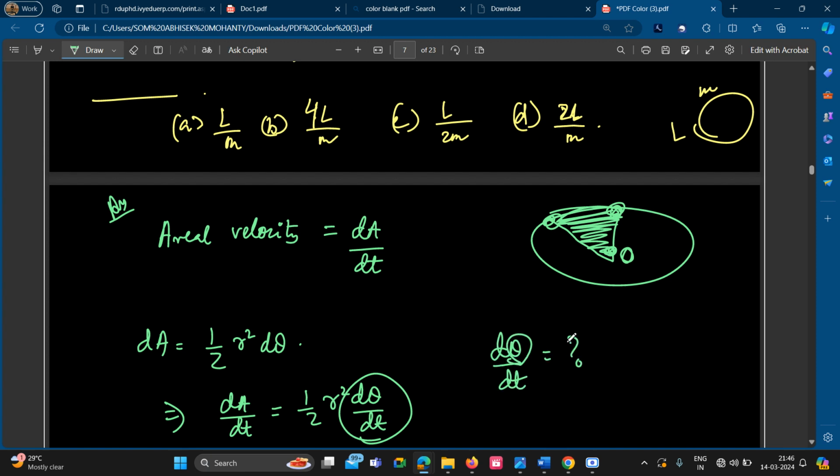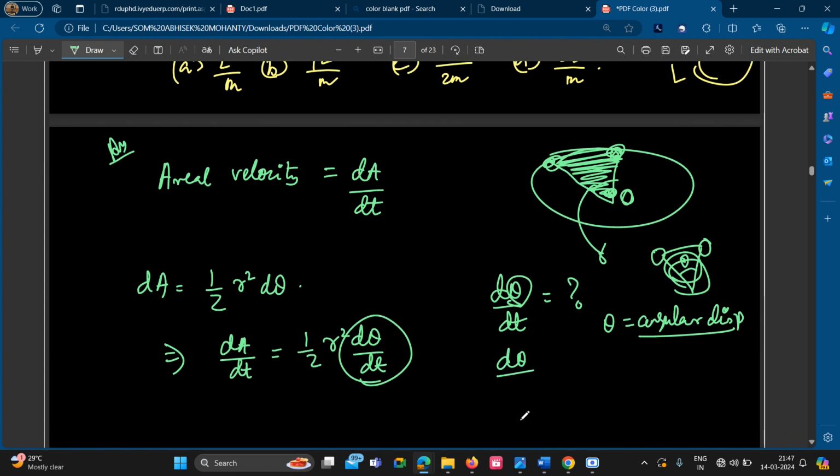Theta is your angular displacement, how much angle it is subtending at the center of the sun. The rate of change of angular displacement is your angular velocity, that is omega. So d theta by dt is omega.